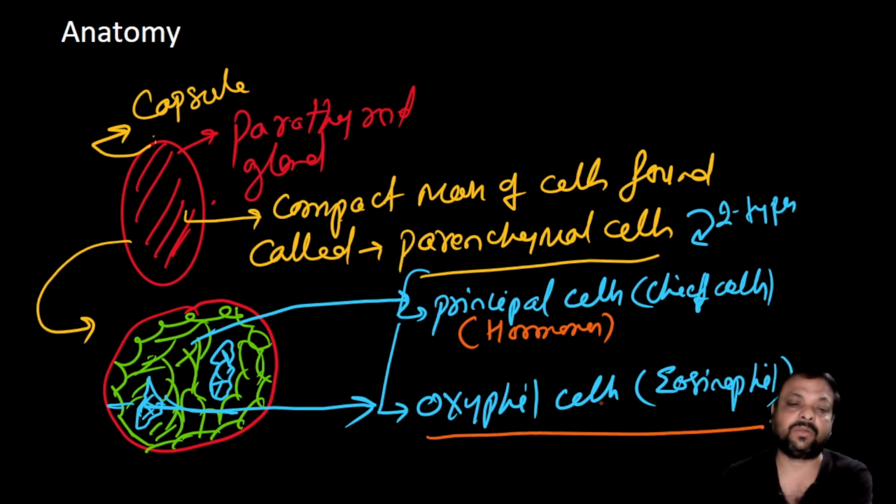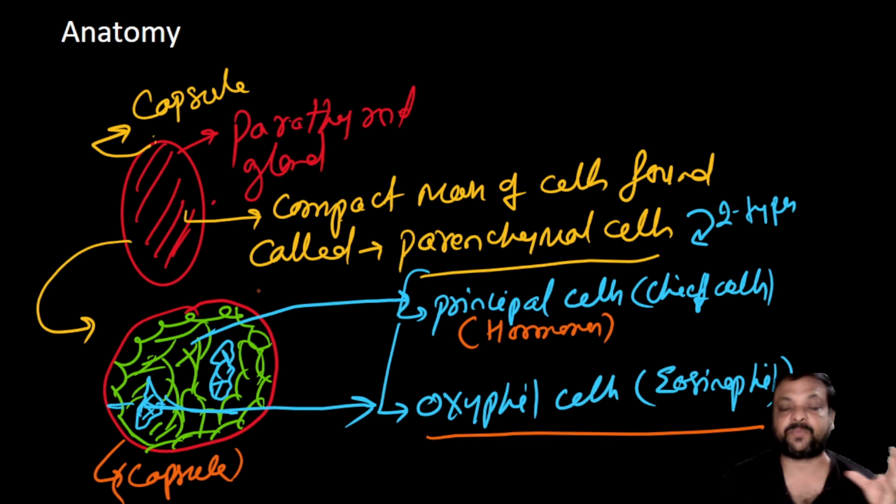So in the anatomy, we find a capsule outside, which is a fibrous connective tissue. Within, we find a mass of cells called parenchymal cells, which are of two types: principal cells, or chief cells, which produce hormones and are many in number, and patches of oxyphil cells or eosinophil cells.